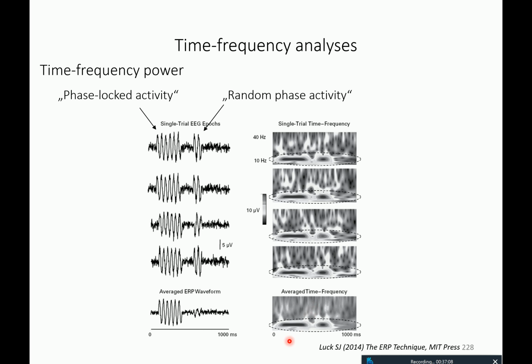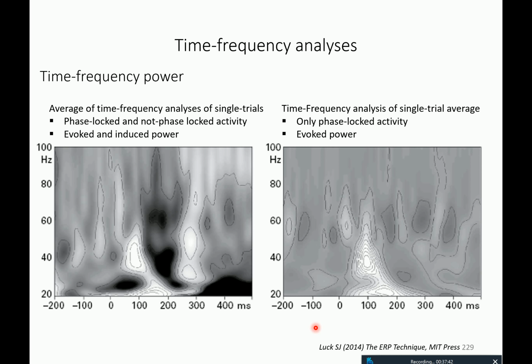If you're really interested in only the non-phase locked activity, so the stuff that you won't see in an event-related potential, then you should subtract the evoked spectral power from the total spectrum, and then call this induced power. Of course, the terms induced or evoked in natural language don't carry this meaning that you first do time frequency analysis and so on. It's just that somebody decided that this would be a good nomenclature.